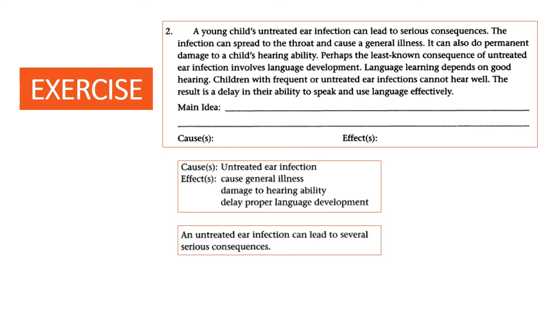And for the main idea, here is my version. The main idea for this paragraph is that an untreated ear infection can lead to several serious consequences. If you have a different sentence for this main idea, that will be okay as long as your answer has a similar idea to this answer.